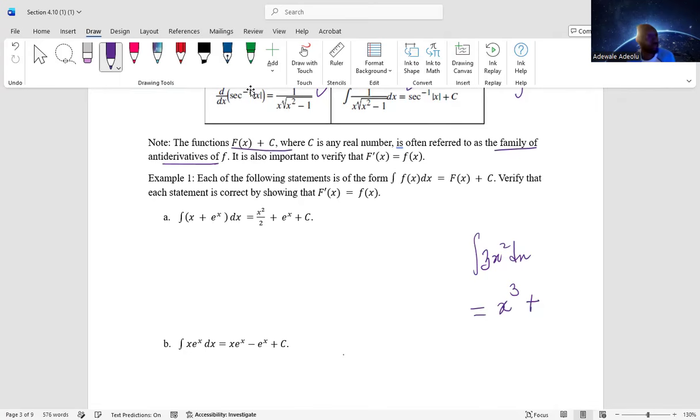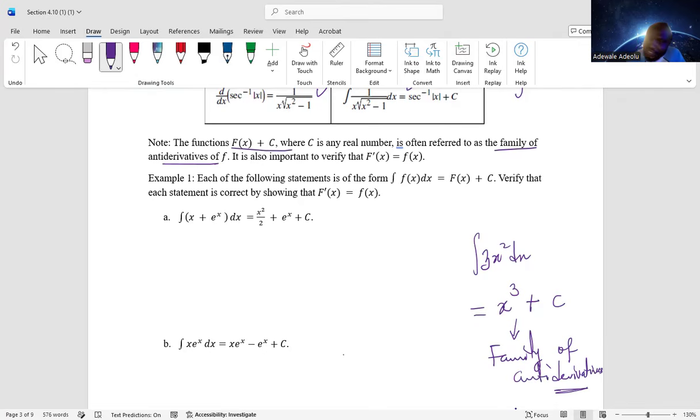But it could be plus 1, it could be plus 2, it could be plus 3. So there are infinitely many of them. So to avoid that situation, we just say plus C, and we call it a family of function. We say this is a family of antiderivatives.